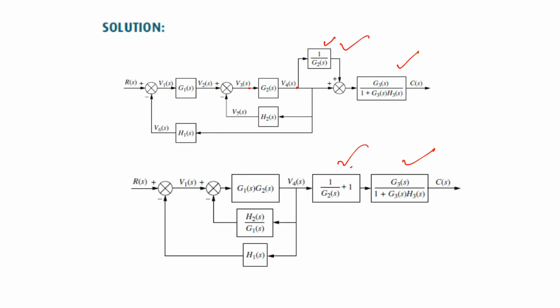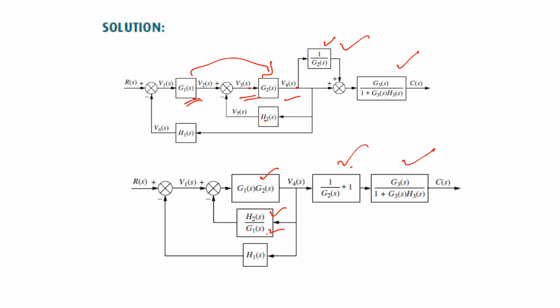One is that we have this feedback and we solve it and then we multiply it. Second is what we have done: we take this G1 to G2 here. Since H2 was not connected with this G1, when we take this G1 to G2, we divide H2 by G1.